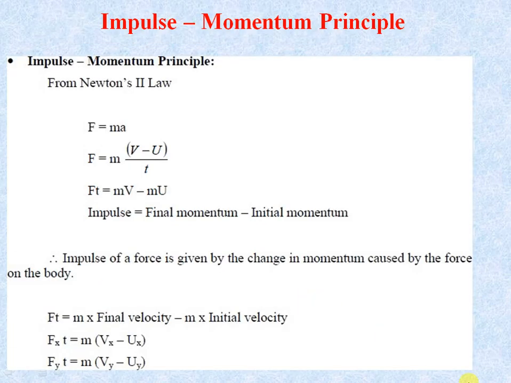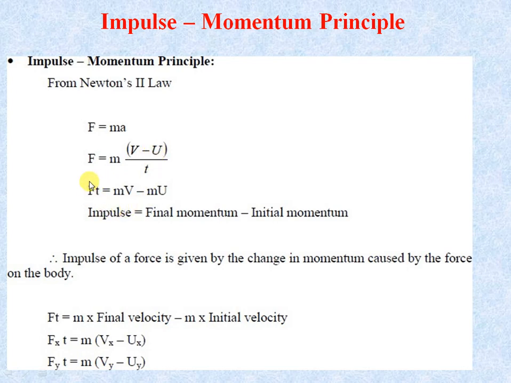The next is the impulse momentum principle. Friends, we have already discussed Newton's second law of motion, that is F is equal to ma. We know the a value is nothing but (v minus u) by t, the rate of change of velocity with respect to time. So shift this t to the left side, and we will get Ft is equal to mv minus mu.